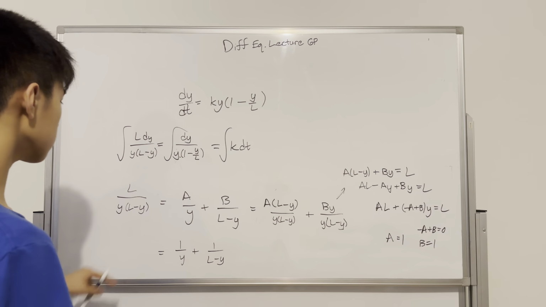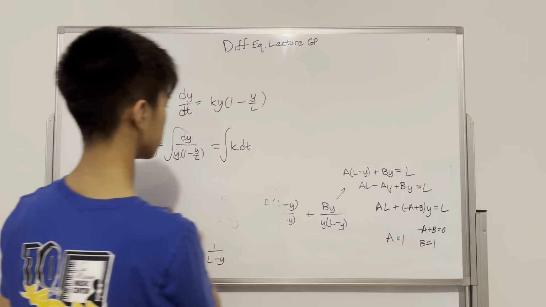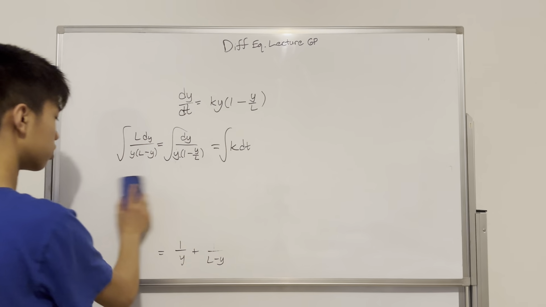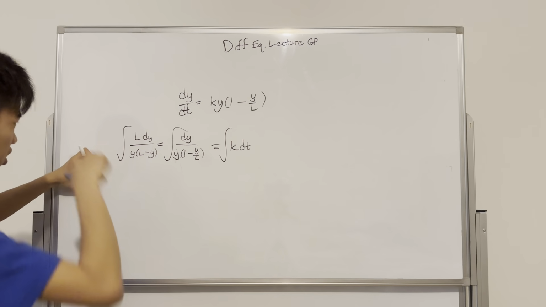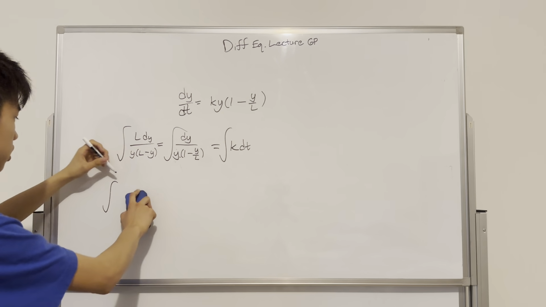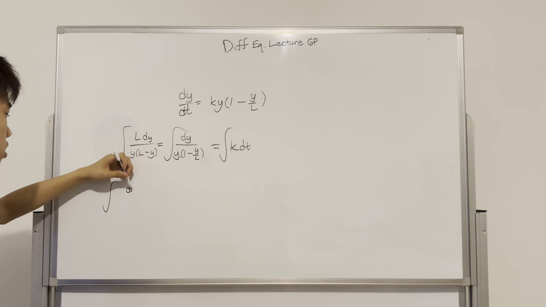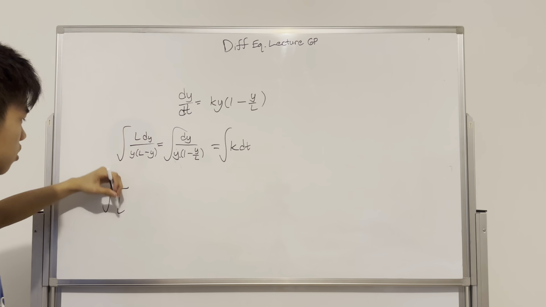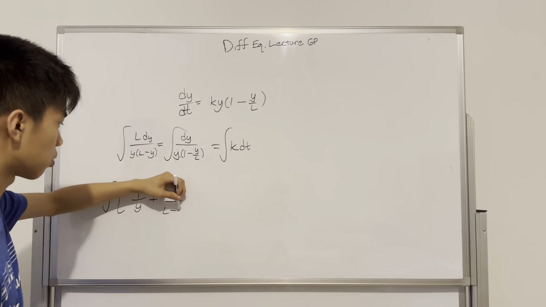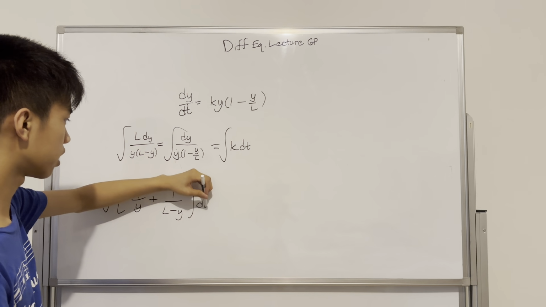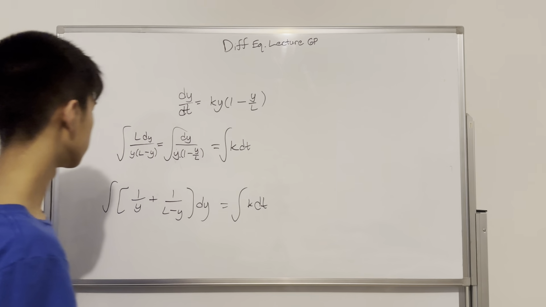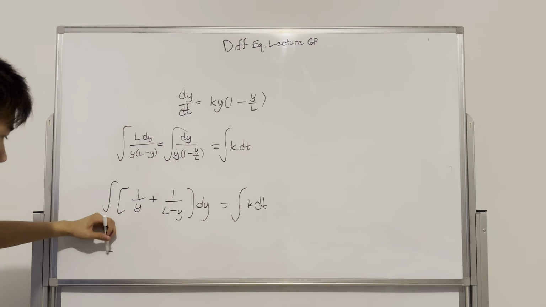So let me just erase this because we kind of already know what it is. We have the integral of 1 over y plus 1 over L minus y dy. Also, sorry for the noise in the background. I think parents are yelling at my siblings, probably.